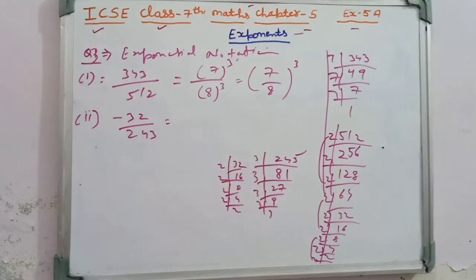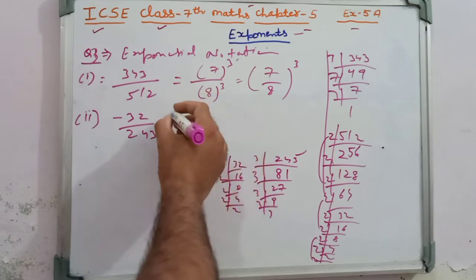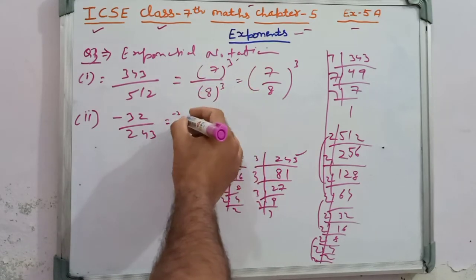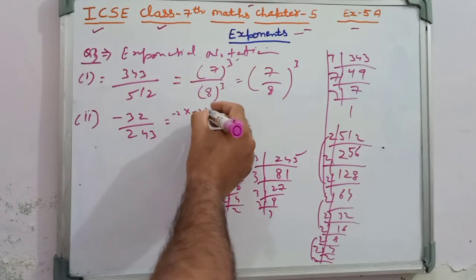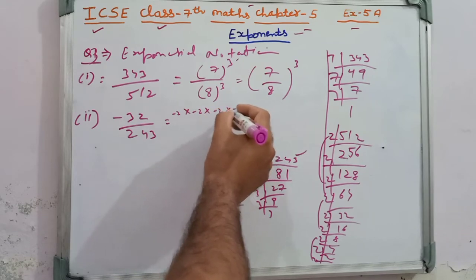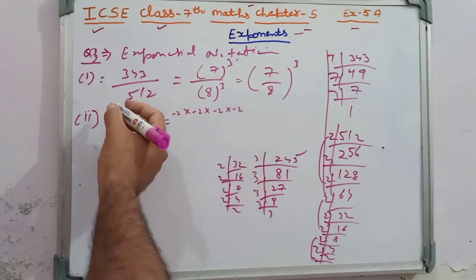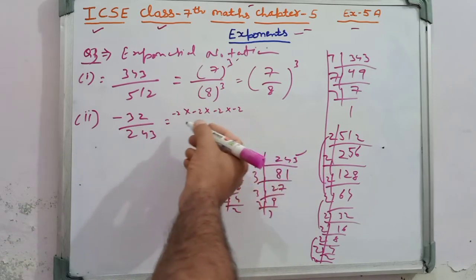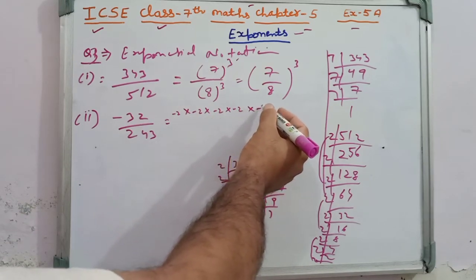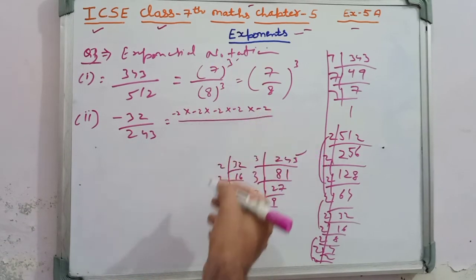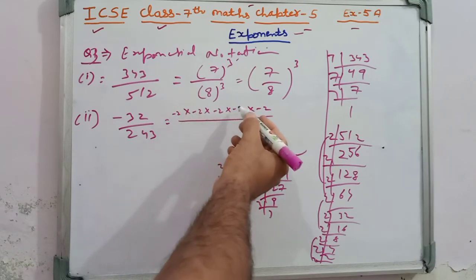Here we write minus 32 as minus 2 multiplied by minus 2 minus 2 minus 2, because if we want the minus here, it will be in the odd form, 1 2 3 4 5.